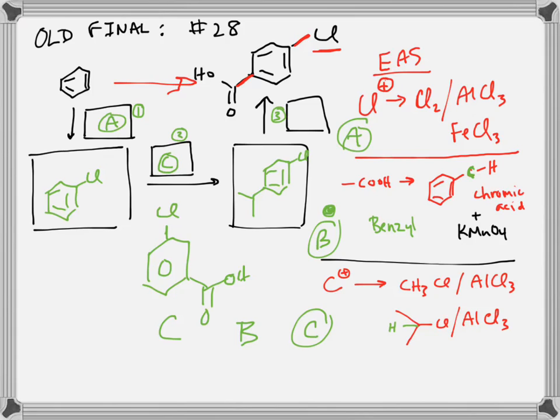Step B. Step B would oxidize, and we would lose both carbons out here, and they'd get replaced with oxygens. Where did those carbons go? Don't ask that question because I don't have an answer. Okay. They go off into the ether. They do something. Okay. So that is one possible answer.